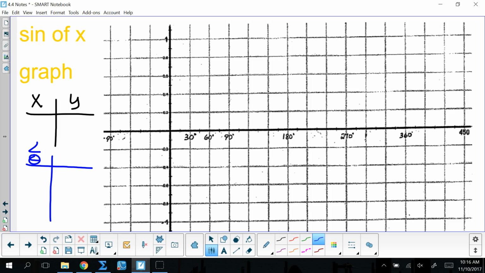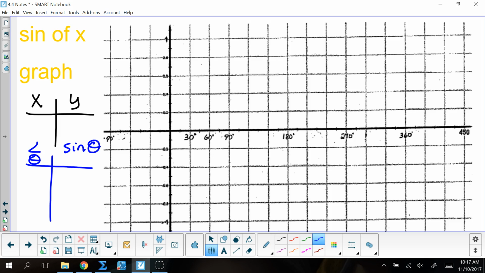Your output on this particular one is going to be the sine of theta, because our function is y equals sine of theta. How we're going to do that is you all have a piece of spaghetti with you.